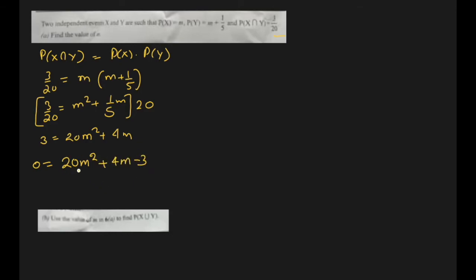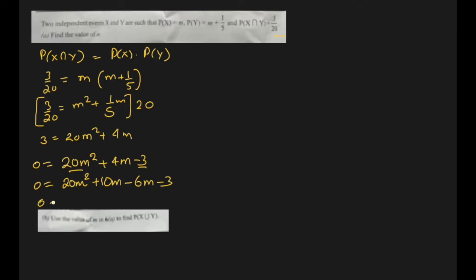Okay, and now we have to factor this, or factoring will help in this one. We will factor this. So 20 times 3 is 60, and I factor 60 as 10 and 6. Yes, so it can be 20m square plus 10m minus 6m minus 3.